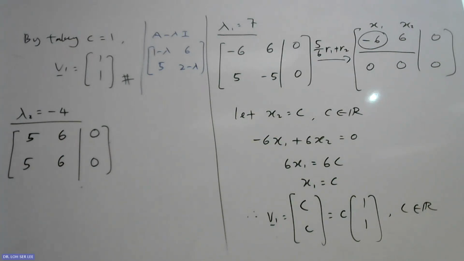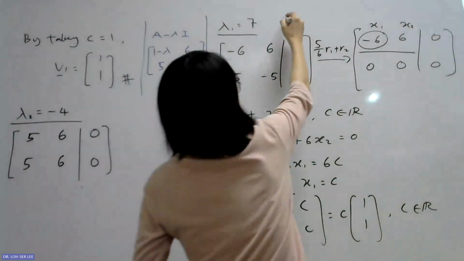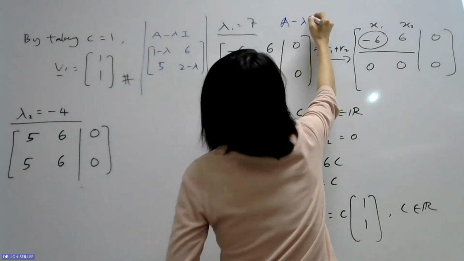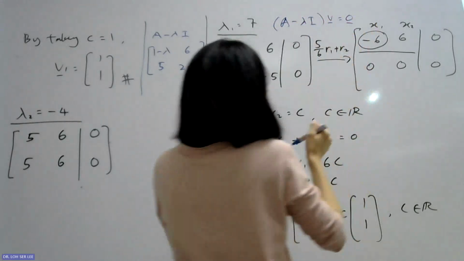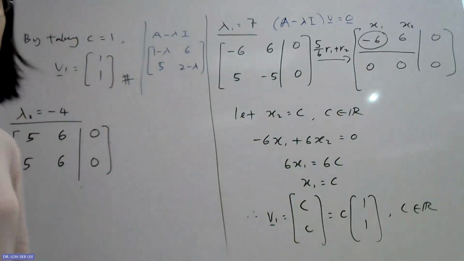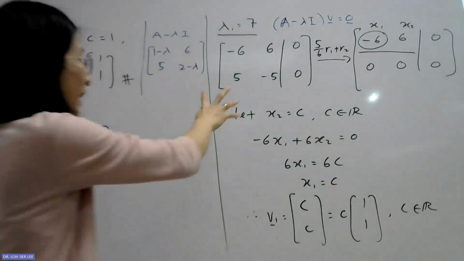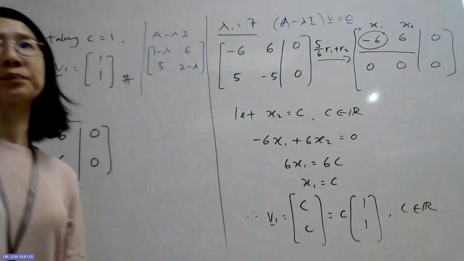The right hand side is always 0 because we are solving for A minus lambda I B equals to 0 vector. That's why the right hand side for the augmented matrix is always 0.